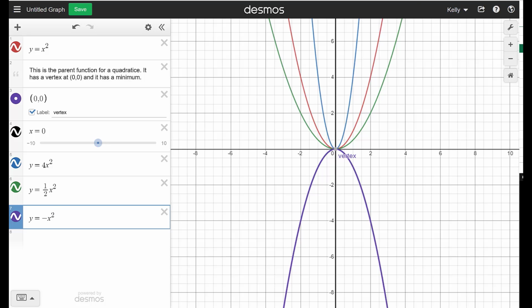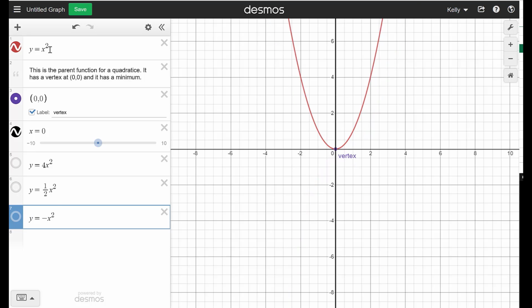Let's mute these other equations for right now because we've shown those. And now let's just translate this one down. Basically we're just shifting it down 5. So we say y equals x squared minus 5.